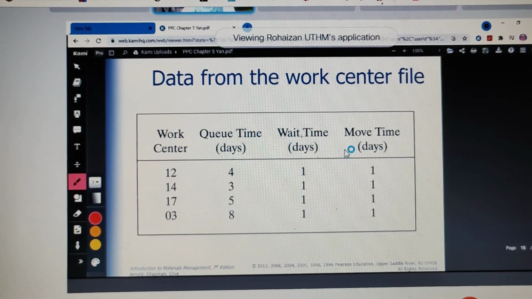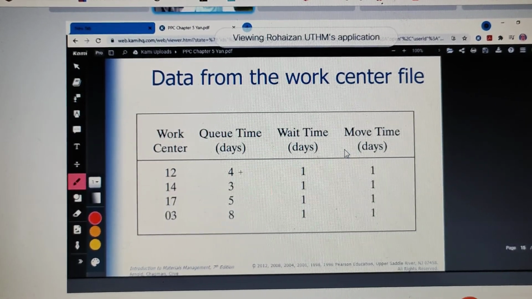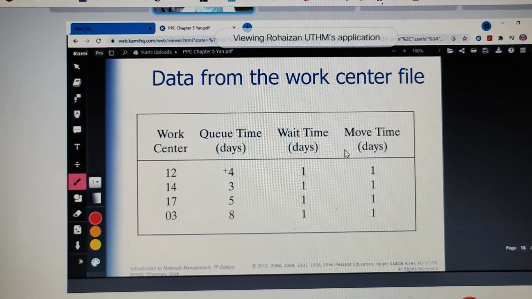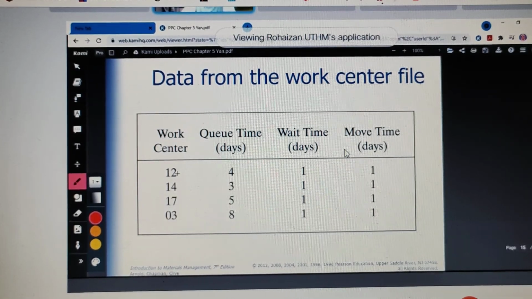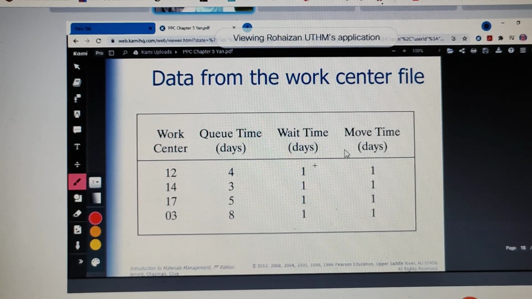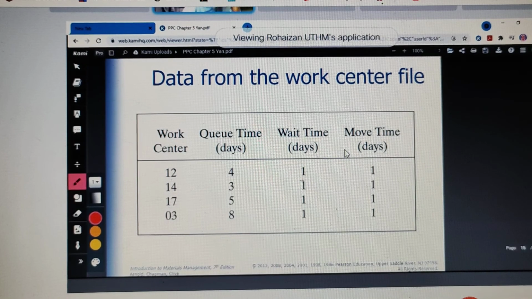Okay, so as we can see, that is the queue time in days. It takes 4 days for work centers 12, 14, 17, 13, and the rest. Meanwhile, we need to wait 1 day before we can start another process at another work center.